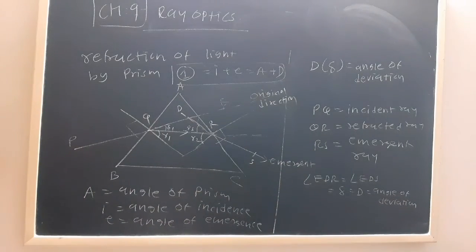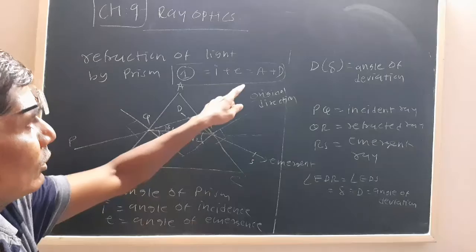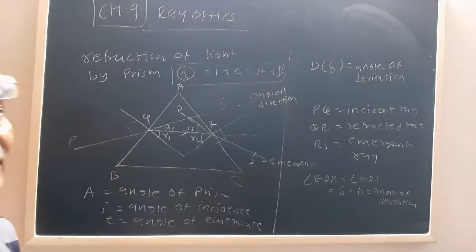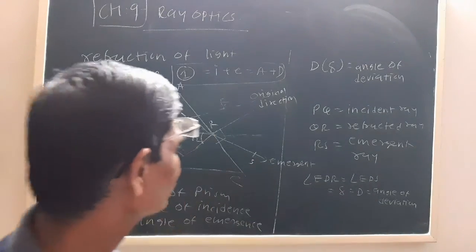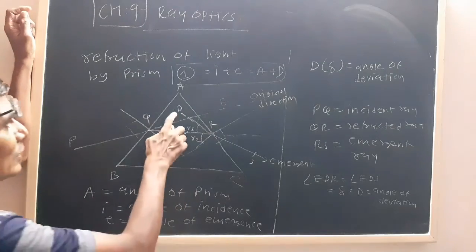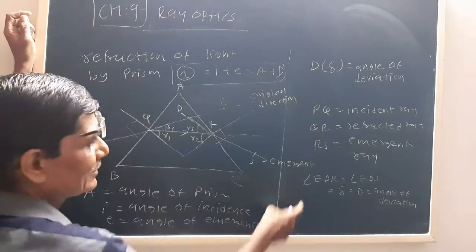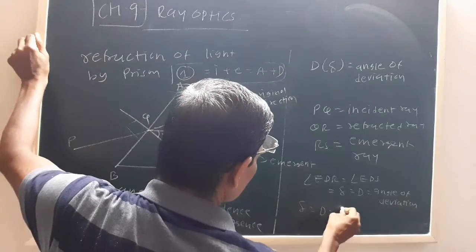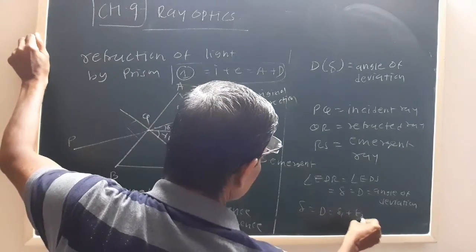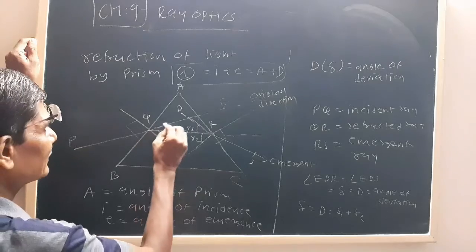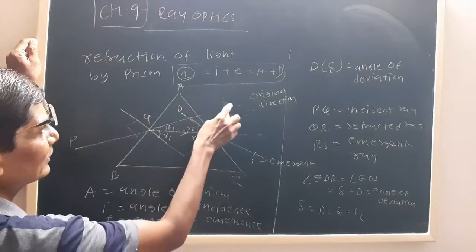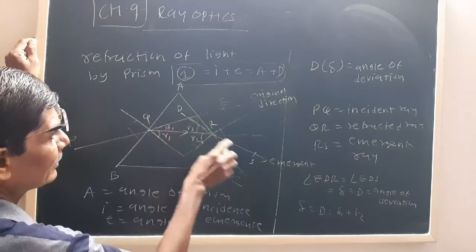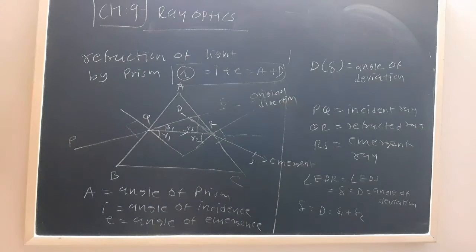The angle between the original direction of the incident ray and the emergent ray is called the angle of deviation. Now in triangle QDR, this is an exterior angle, so we can say this delta or D is equal to delta 1 plus delta 2. You can easily check by the geometry of this figure, angle EDR or angle EDS is an exterior angle.